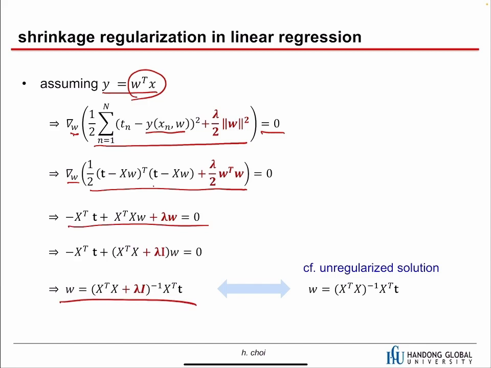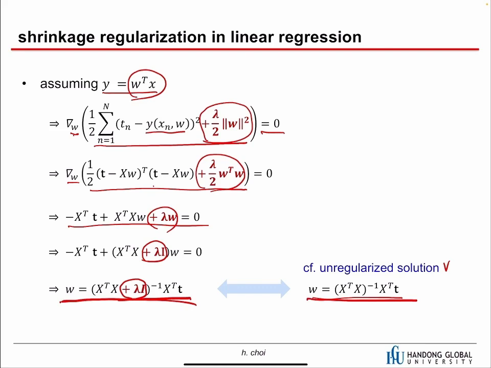Okay, then for unregularized regression, the solution looks like this. And look at this one. So I put the color on this regularization term here and here and here. Let's compare this equation and these equations.